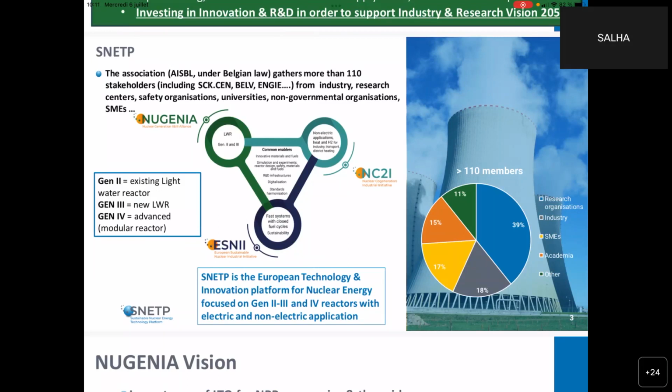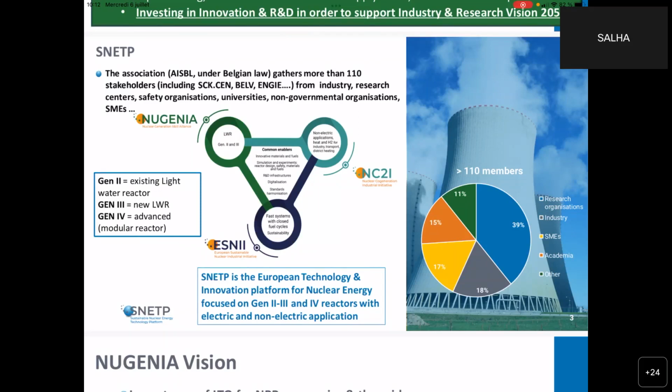Nugenia is mainly dealing with generation 2 and 3 reactors. ESNI is dealing with generation 4, to make it simple, and NC2I is mainly working on cogeneration reactors, that's to say, activities which do not generate electricity only.